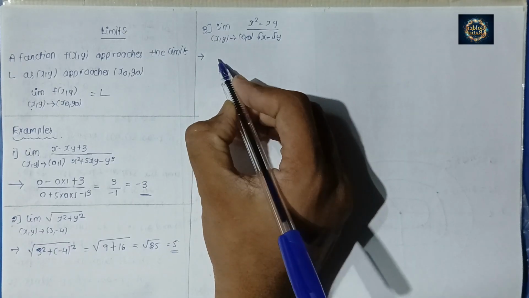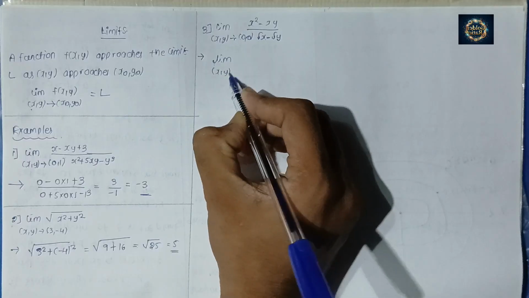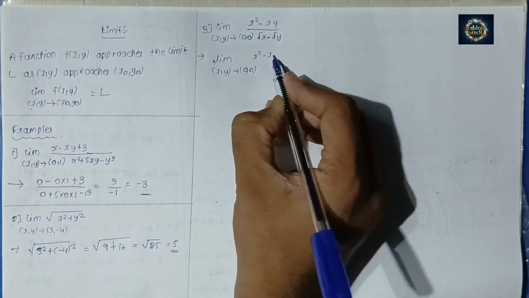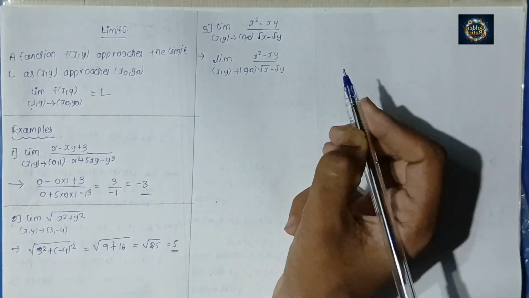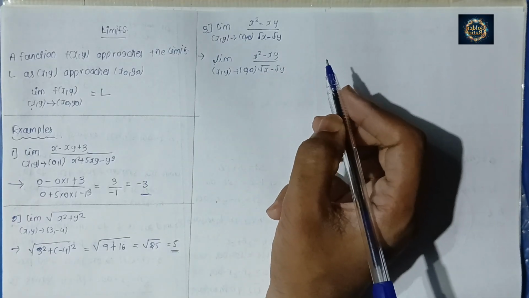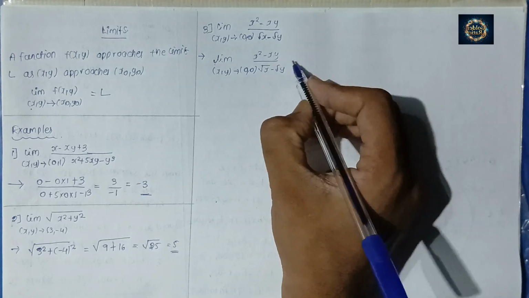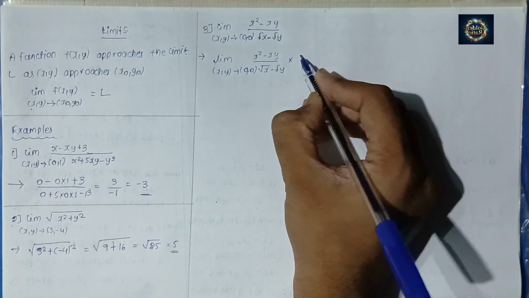So I will write the limit once again as it is, x comma y approaching 0 comma 0, and the function also as it is. In order to make some simplification and cancel out the terms, I will multiply and divide by the conjugate of the denominator.